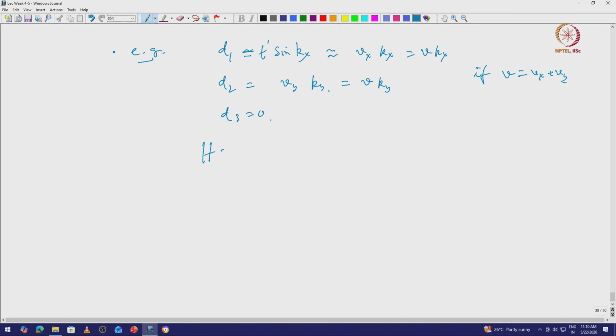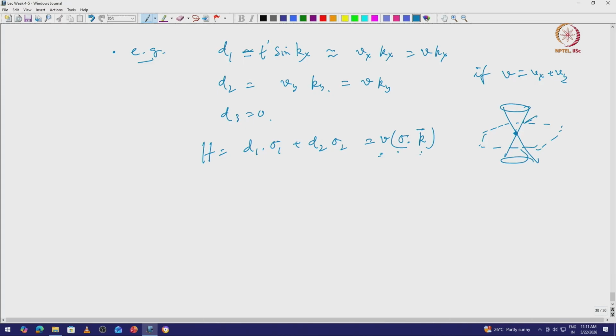So, the Hamiltonian can now be written as sigma dot k with some v, and that is the k dot p Hamiltonian. This is like your k, this is like p and this is like k. Okay. So, that gives you a Dirac cone with linear dispersion in some kx ky plane, okay.